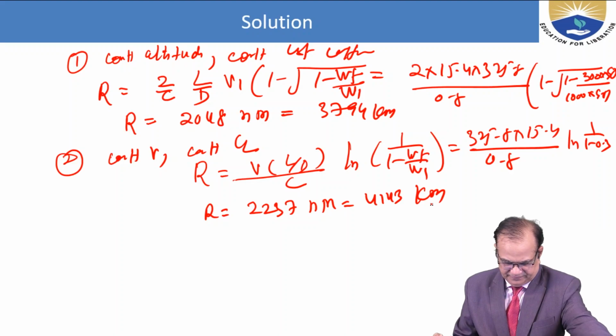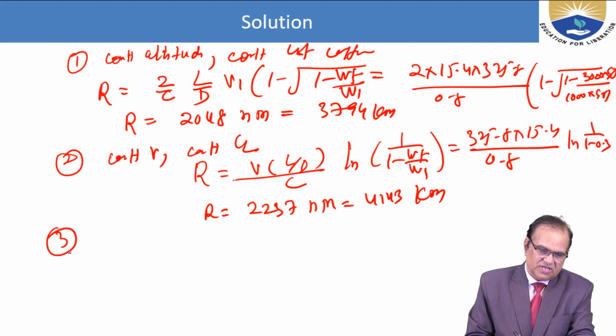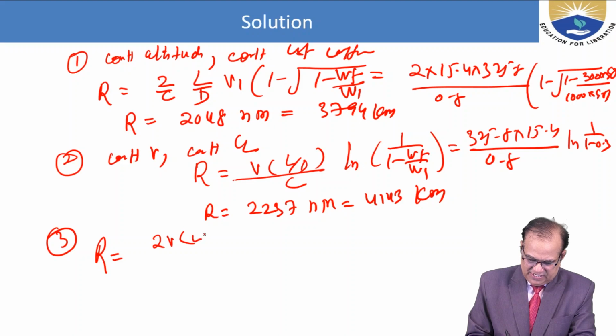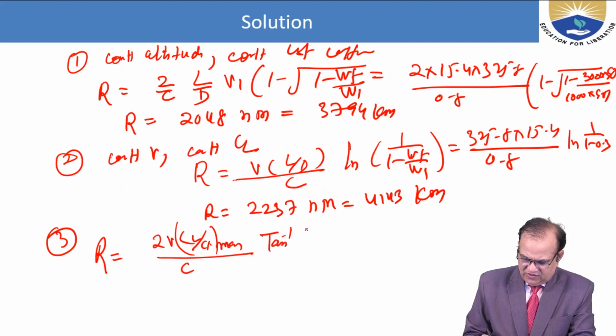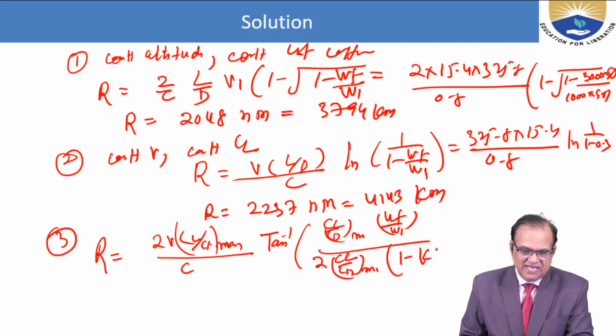So these are our two cases, and if you go for the third case, this R is equal to 2V CL by CD max divided by C tan inverse CL by CD max WF by W1, 2 into CL by CD max 1 minus K CL1 CL by CD1 WF by W1.